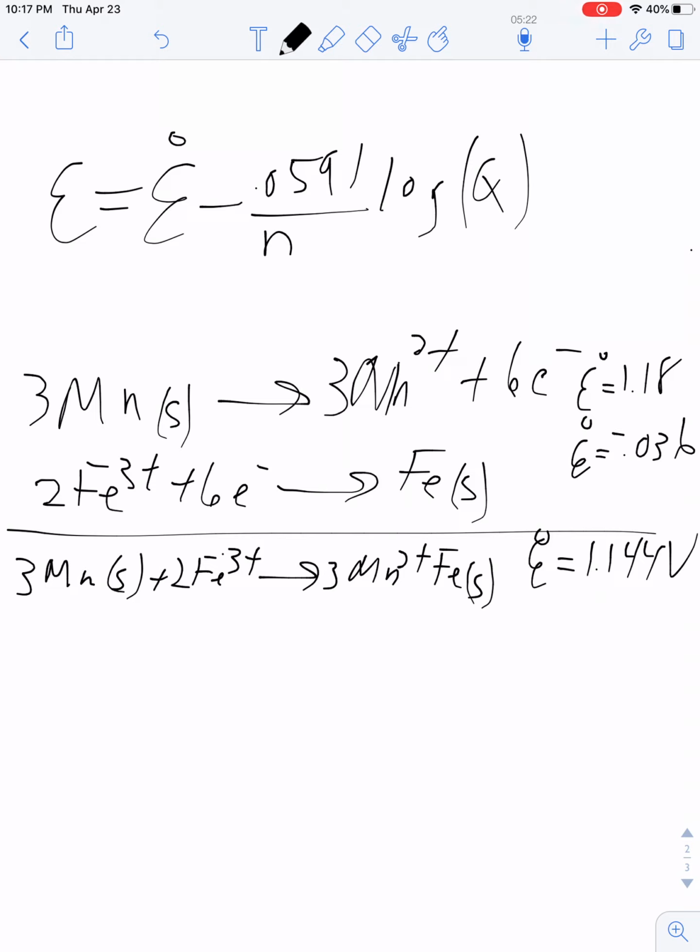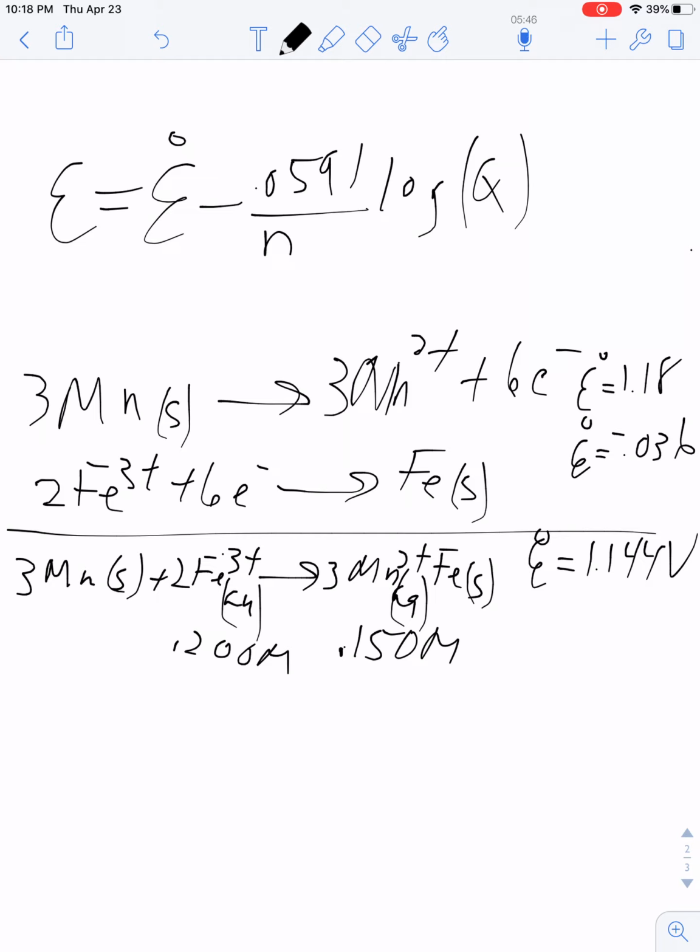Now let's just say that the concentration of the iron was 0.2 molar and the concentration of the manganese was 0.150 molar. So they're not at 1 molar concentrations.